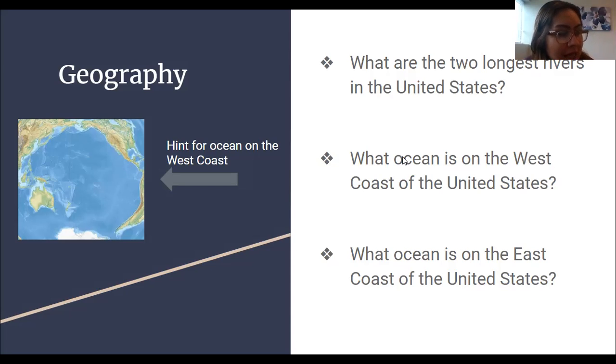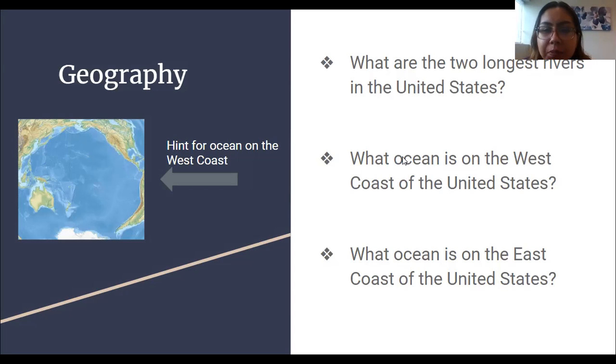But something that helps me is that the Atlantic coast is on the east coast, and I know that because E and A come closer together in the alphabet, whereas west, W, and P come after in the alphabet.